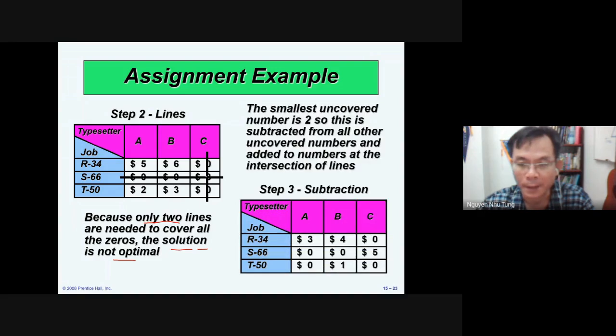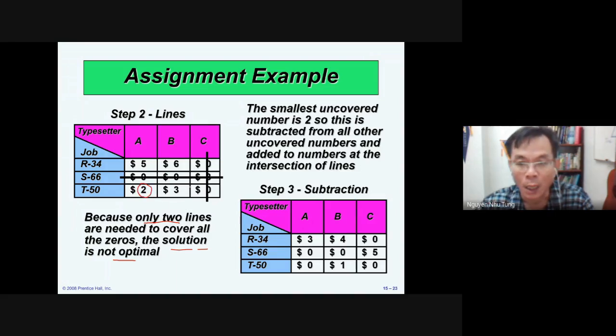You look at the uncovered or unselected numbers in the step 2 table. The unselected numbers are 5, 6, 2, 3. Then you pick the smallest unselected number, which is 2.